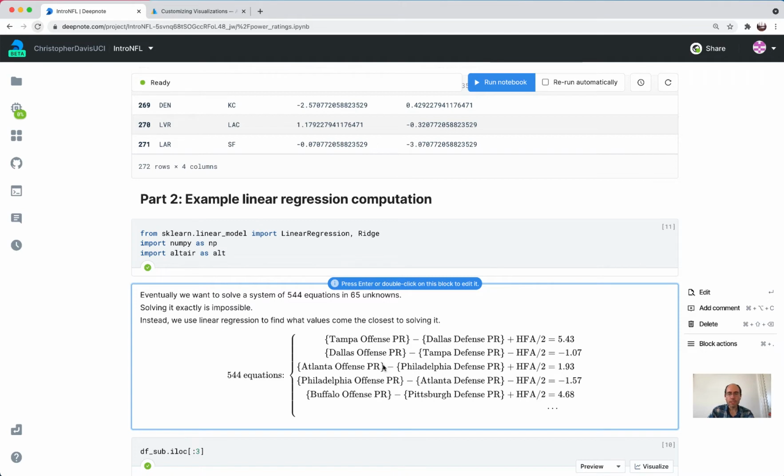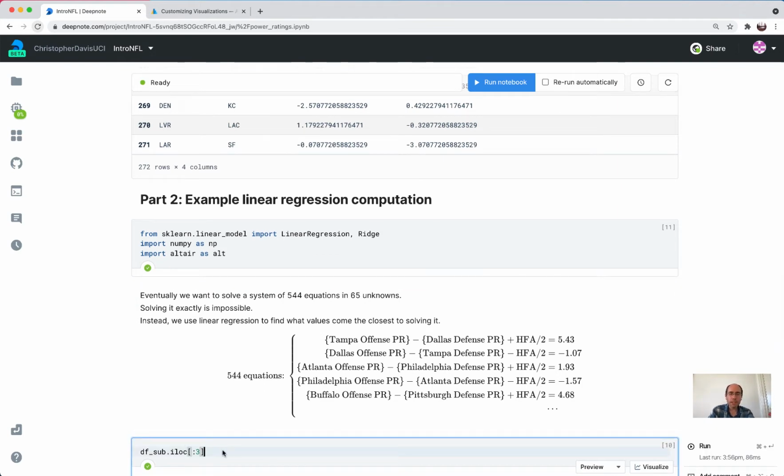I've written down the first 5 equations, and in total there are 65 unknowns: 32 offensive power ratings, 32 defensive power ratings, and 1 home field advantage. Let me remind you where these numbers come from, like this 5.43. They're all stored in this df data frame that we made in the last video.